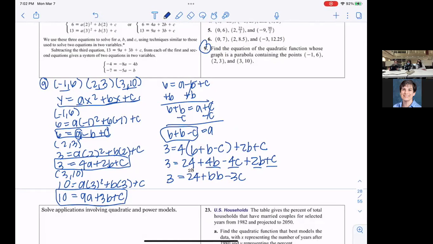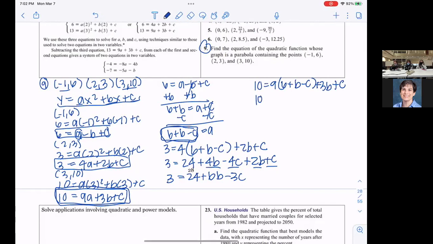And then we're gonna do the same thing with the last equation. So we're gonna plug in that 6 plus B minus C for that A in this last equation. So we're gonna have 10 equals 9 times 6 plus B minus C. And then we're still gonna have the plus 3B plus C to finish out that equation.